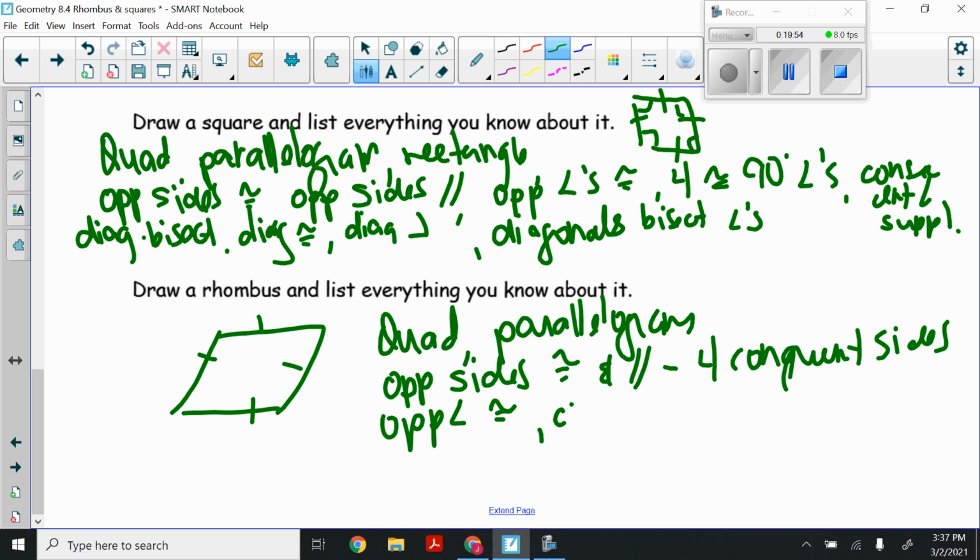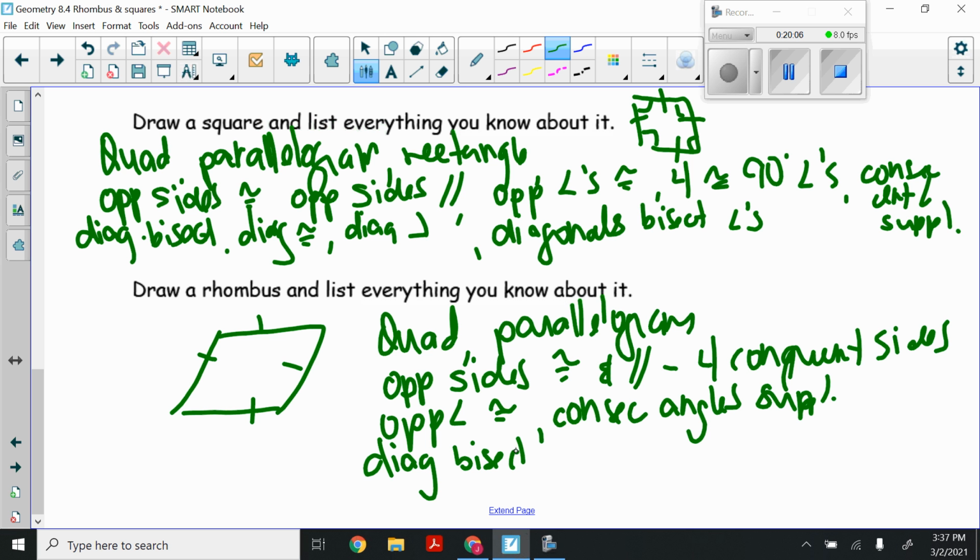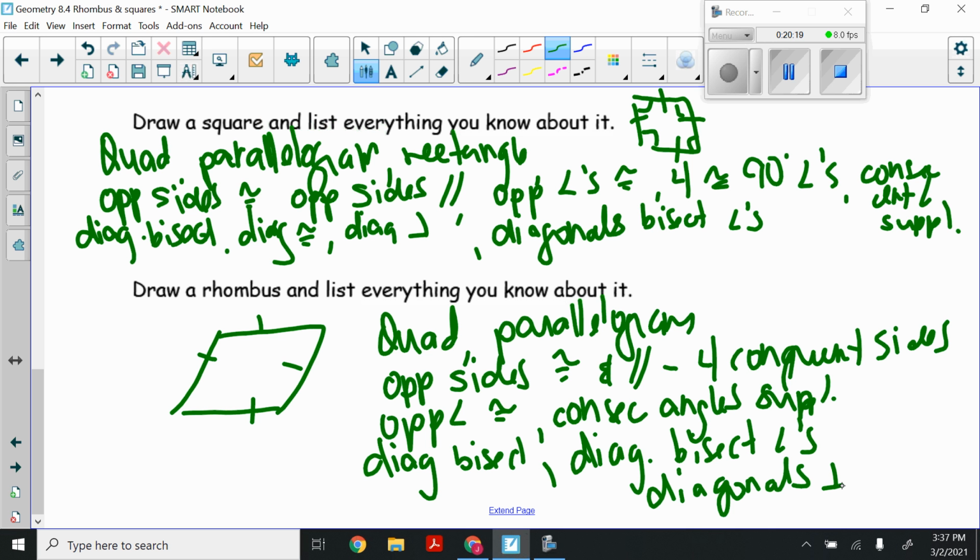I have consecutive angles supplementary. My diagonals bisect each other. My diagonals bisect the angles. And my diagonals are perpendicular. That's everything I know about a rhombus.